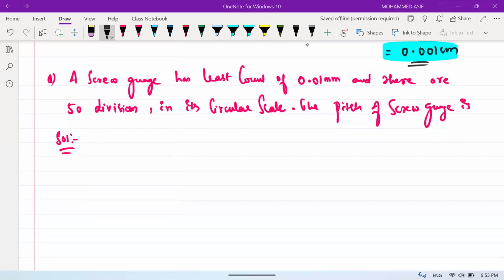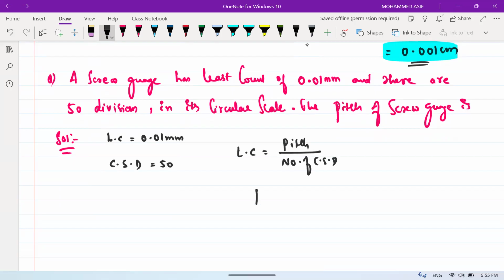The screw gauge has a least count given as 0.01 mm, and the circular scale divisions are 50. So what is the formula? Least count is equal to pitch divided by number of circular scale divisions.